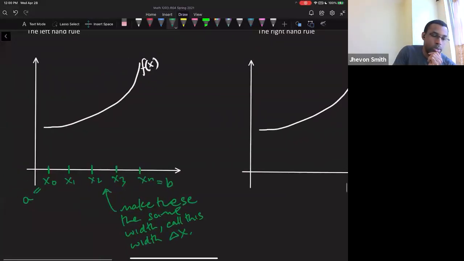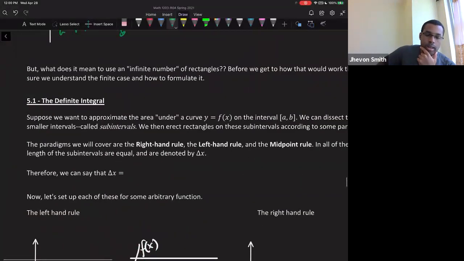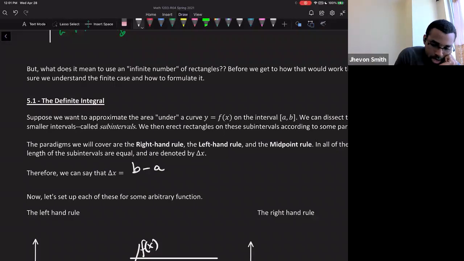Now, this brings us to the formula: if you have an interval, the length of that interval, of course, is going to be the right number minus the left number, b minus a, and you want to split it up into, say, n equal pieces, then you would take the length of the interval and divide it into n pieces. So you would have the length of the interval divided by the number of pieces you want, which means that your delta x would end up being b minus a over n. It's a very important formula to remember.